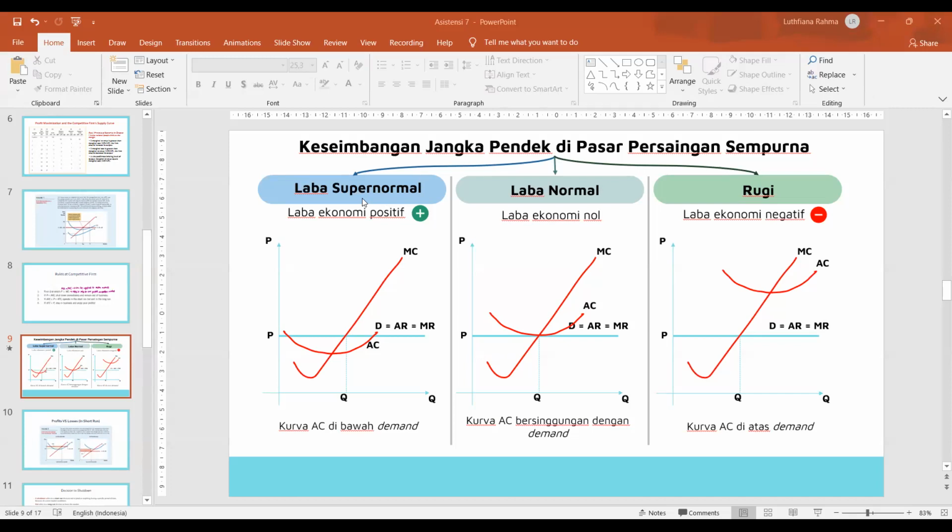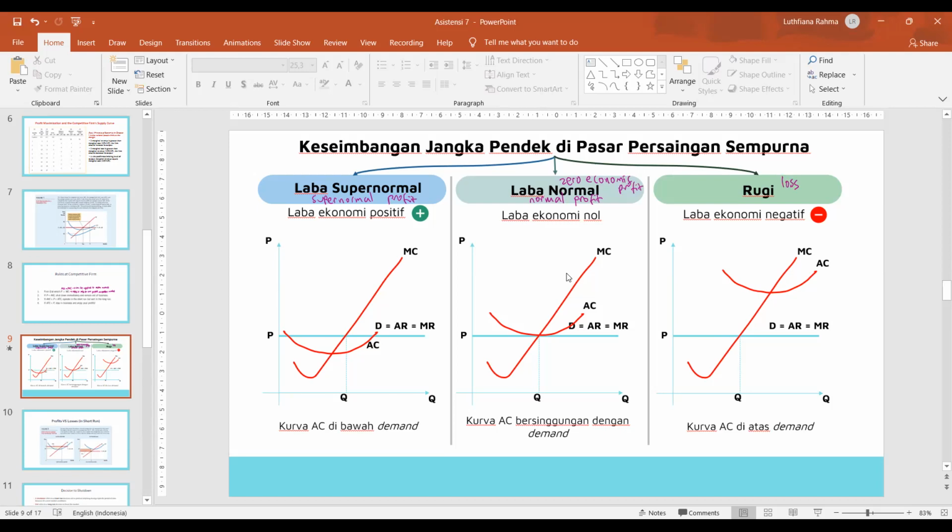The conditions are the supernormal profit, normal profit, or it can be said also the zero economic profit, and then the third, rugi, which is loss.